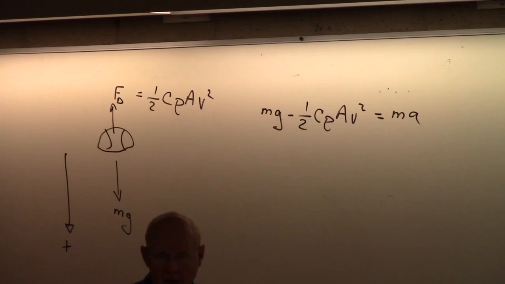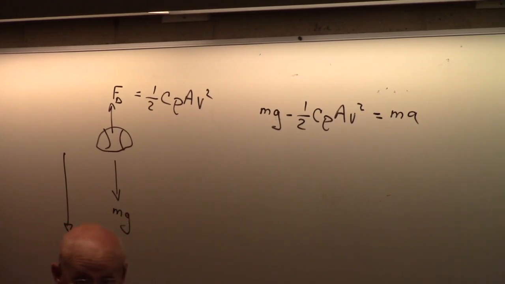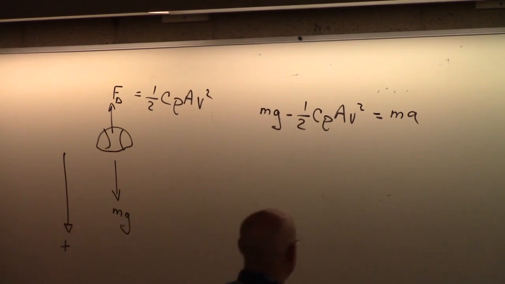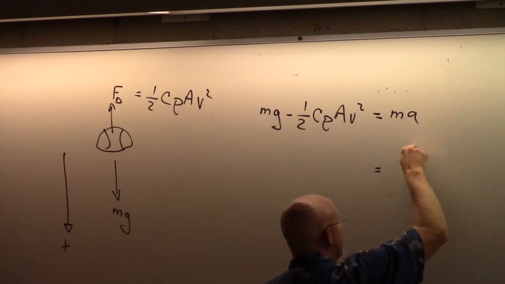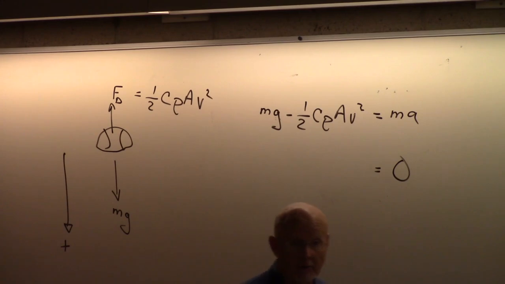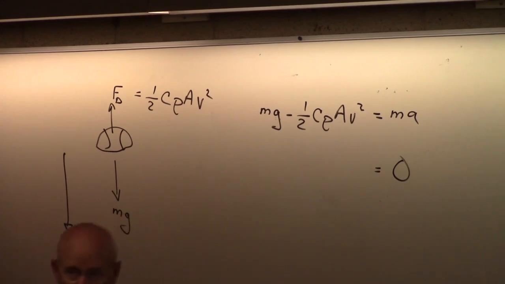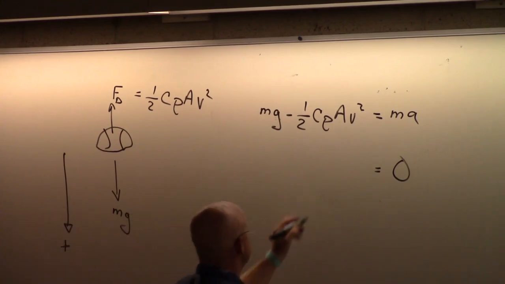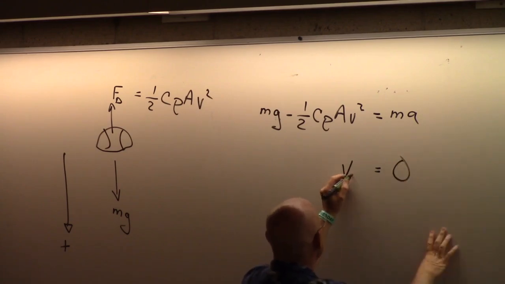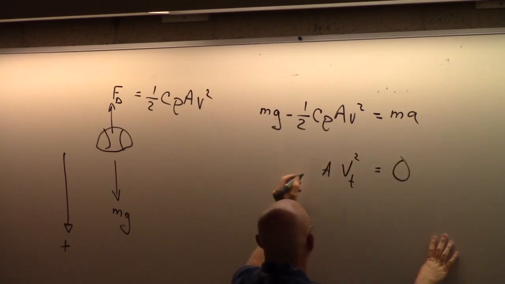And this is what we said a little while back, that if you went faster and faster and faster, you'd eventually get to this terminal velocity. And at a terminal velocity, what would be your acceleration? 0. That's what we mean by the same speed. So you can solve this for terminal velocity by setting the acceleration equal to 0.